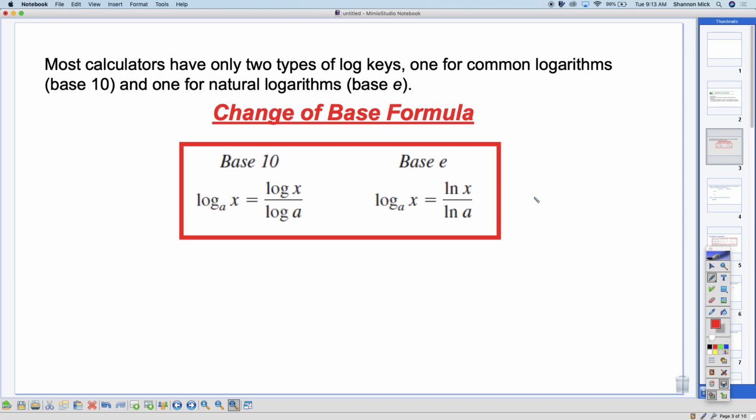You have log of x over log of a. What did I change the base from? It was a, right? Now it's what? 10. So the x is in the numerator and the base is in the basement where it belongs. You can also take log base a of x and do the natural log of x over the natural log of a. They both work. Either one will yield the same answer.